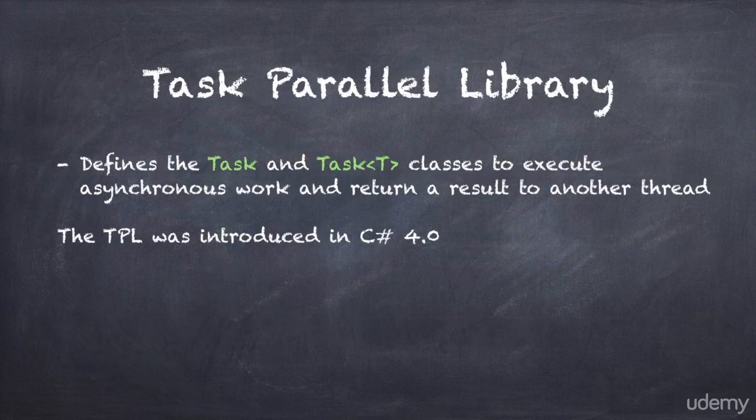But in version 4, Microsoft released the Task Parallel Library, or TPL, and it is packed with features that make writing asynchronous code a lot easier. In this section, I am going to take a closer look at the Task class, the workhorse of asynchronous programming in C#.